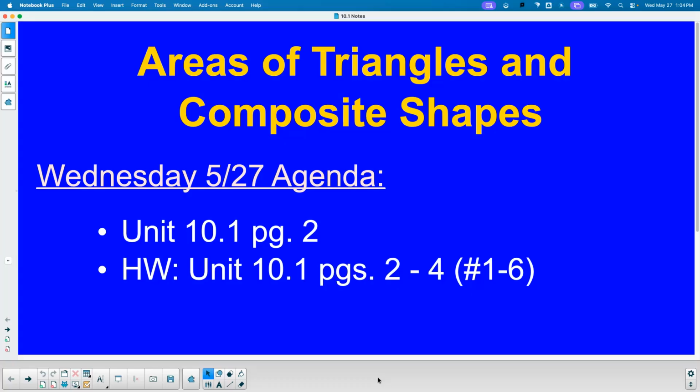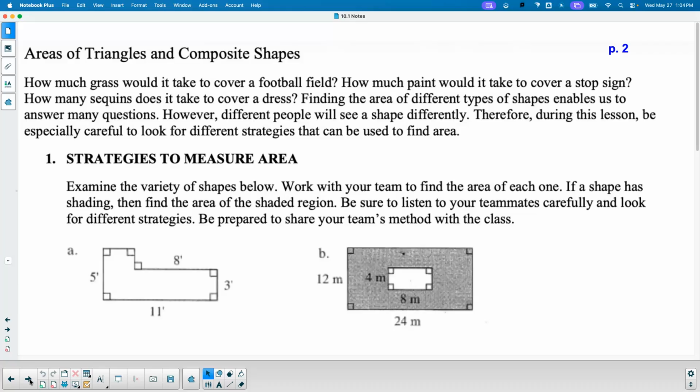But we'll get to all those a little later on. So areas of triangles and composite shapes. How much grass would it take to cover a football field? How much paint would it take to cover a stop sign? So on and so forth.